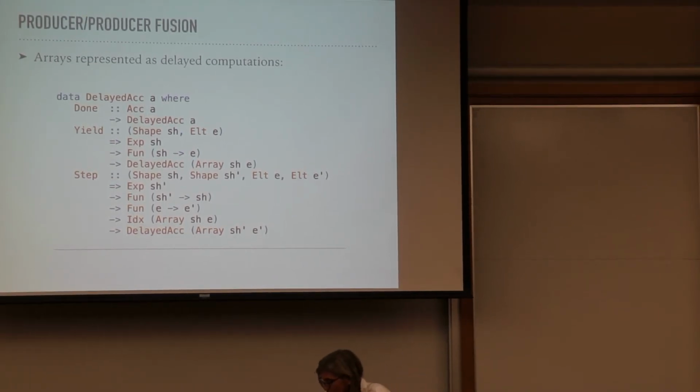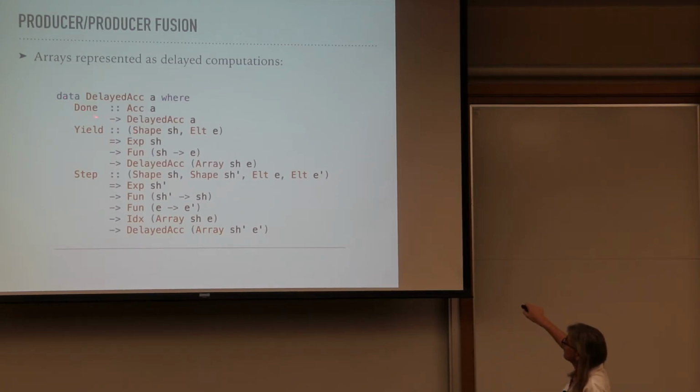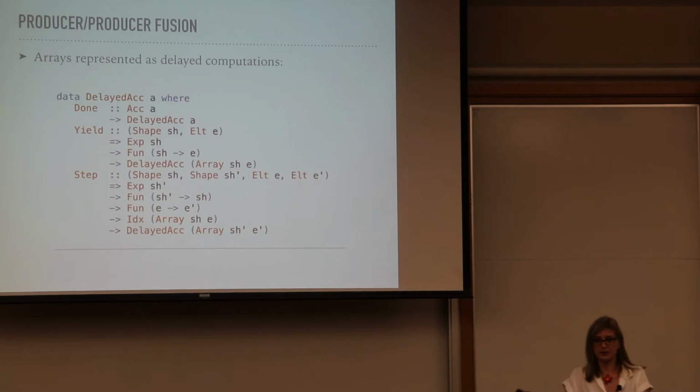So an array computation can either be a manifest array, for example, you just pass the manifest array in, then it would be represented with this thing.